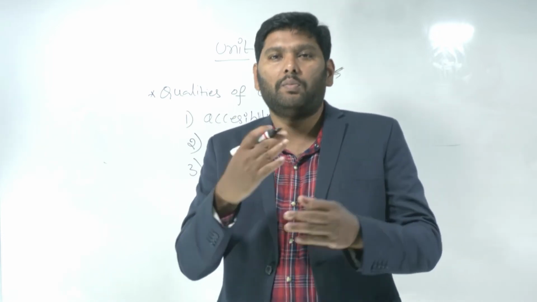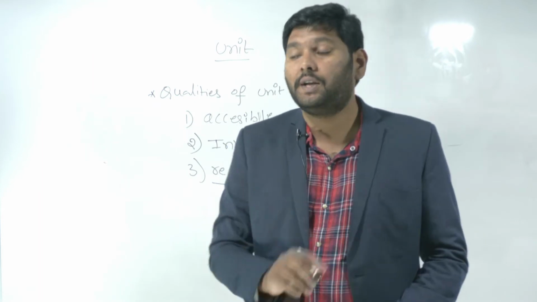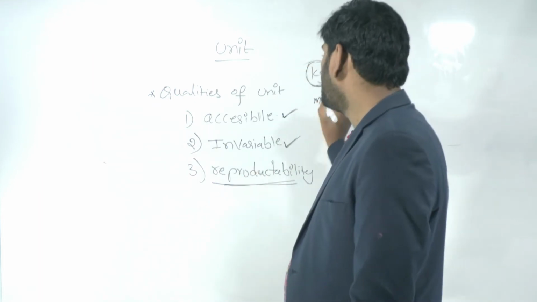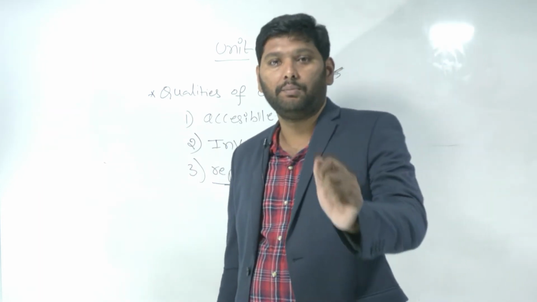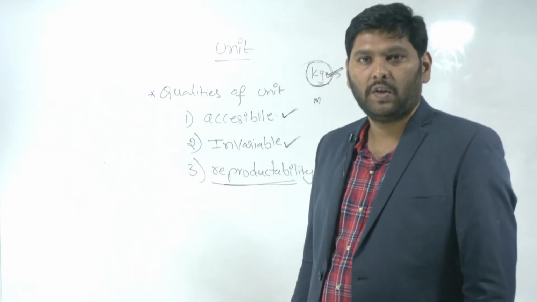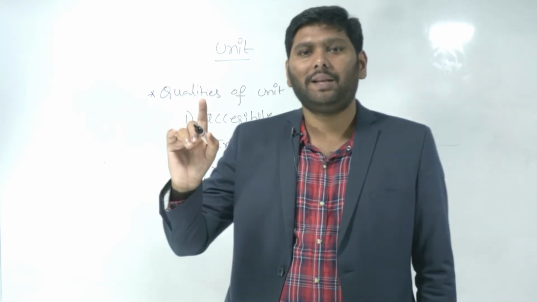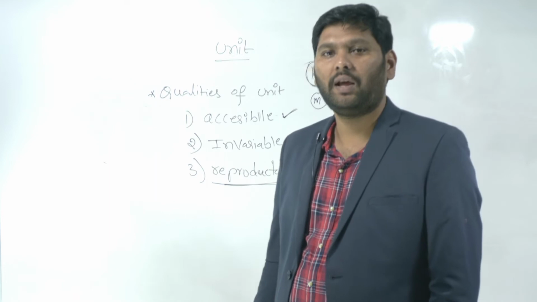For example, let me take one more example, length. The length unit is the meter. Here the meter is also a standard value. We can easily use this standard value.